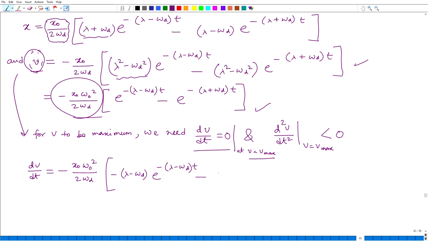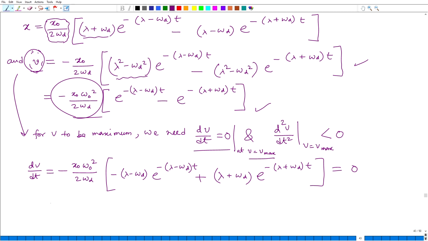Okay. So, there will be a minus again will come. So, it should be plus lambda plus omega d times e to the minus lambda plus omega d t. Okay. And this is equal to 0 for some velocity value, which is V max, that we can say.